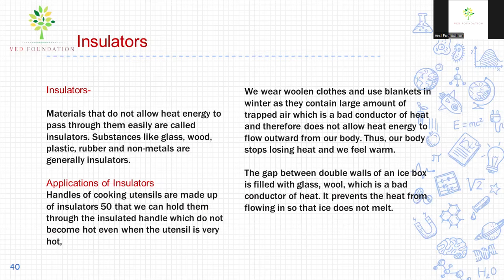We wear woolen cloths and use blankets in winter as they contain large amount of trapped air, which is a bad conductor of heat. Air is a bad conductor of heat and air gets trapped in the holes of woolen cloths or blanket, and this layer of air acts like insulator.